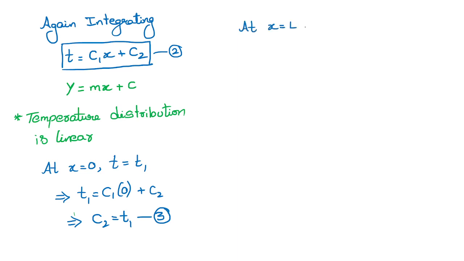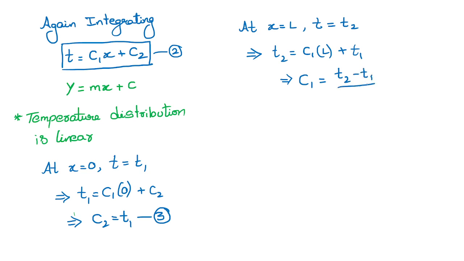At x is equal to L, the temperature T is equal to T2. So we get T2 is equal to C1 into L plus C2, and we take C2 as T1. So from this we get C1 is equal to T2 minus T1 by L.